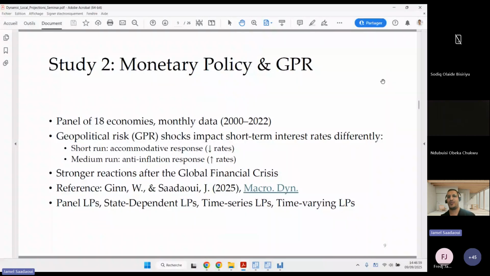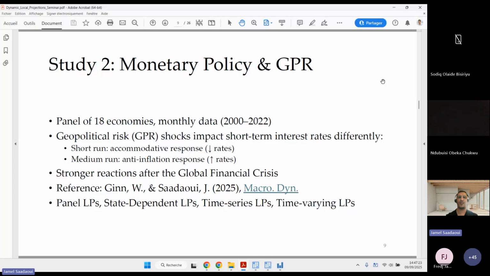But in the medium run, because the central bank may feel that second-round inflation has been stimulated a bit too much by the demand, then you have an increase of the interest rate. And what we discover is that the reaction is stronger after the global financial crisis.